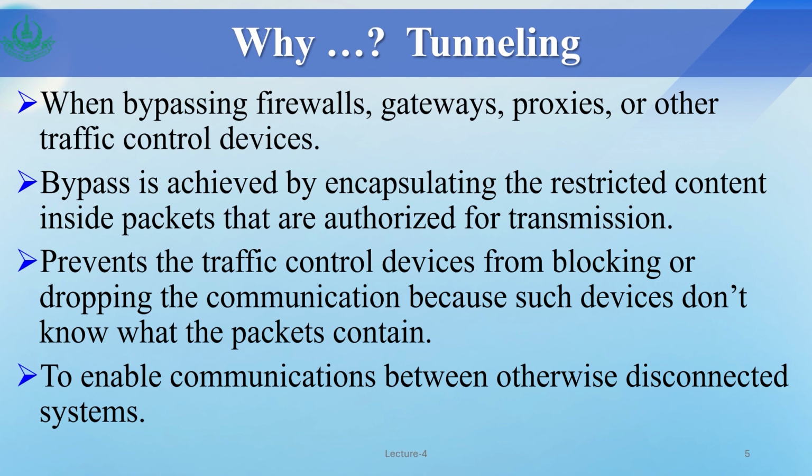This prevents the traffic control devices from blocking or dropping the communication, because such devices do not know what the packet contains inside. It is also used to enable communication between otherwise disconnected systems.